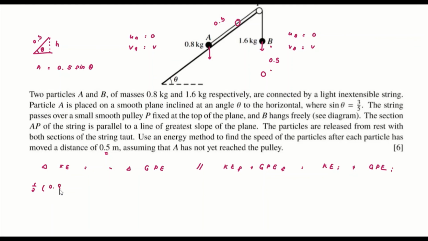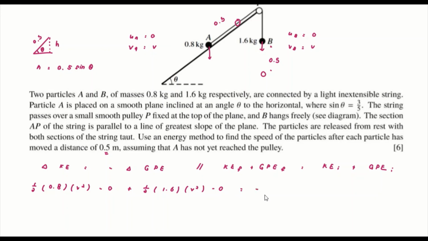So half, let's do particle A first: half m V squared, minus 0, because the initial is actually 0. That is for particle A. Now look at particle B: half times 1.6 times V squared, also minus 0.